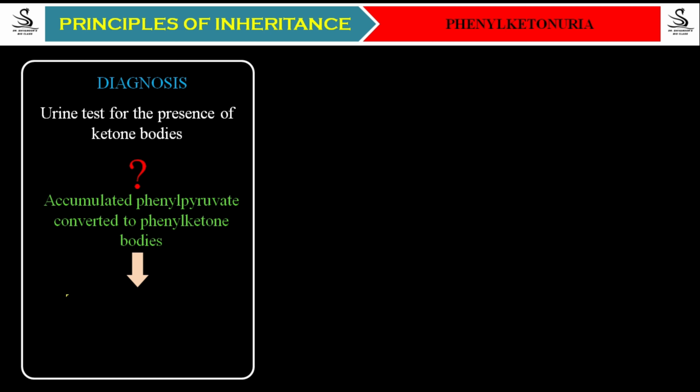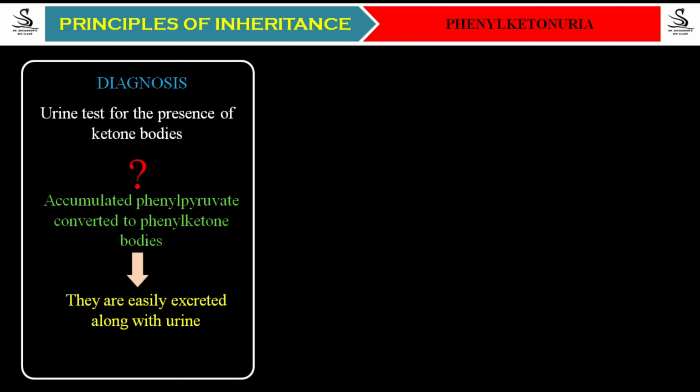You should remember, students, these phenylketone bodies easily get excreted along with the urine, because they are very poor in absorption. You know that in the tubular part of the nephron, reabsorption occurs. But here we should not use the word reabsorption. It is absorption, because phenylpyruvates are not absorbed earlier.